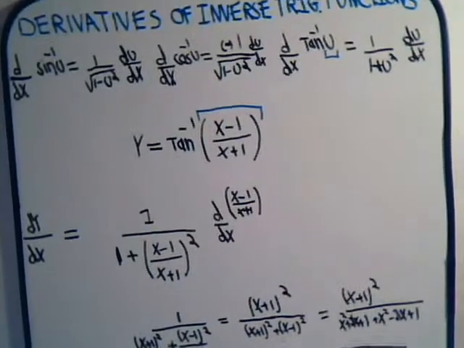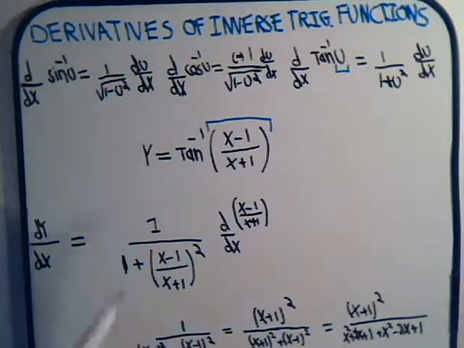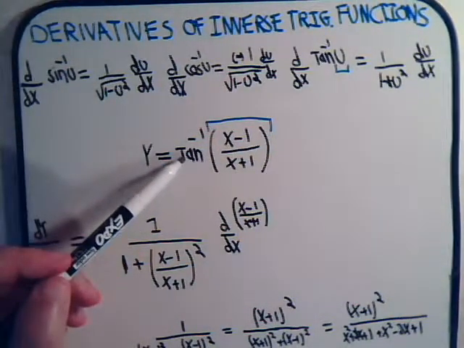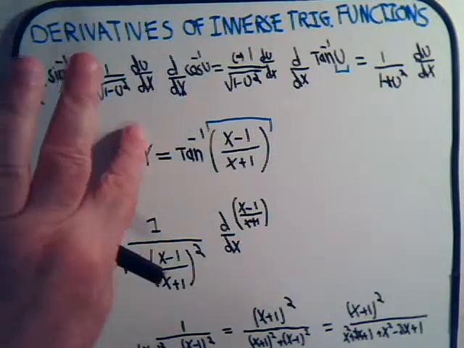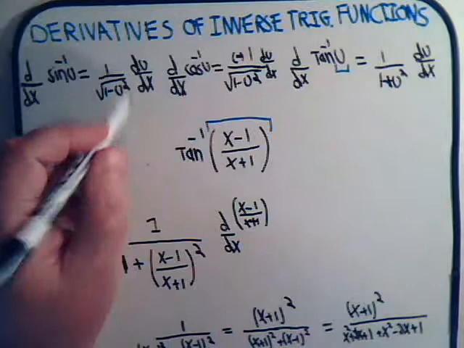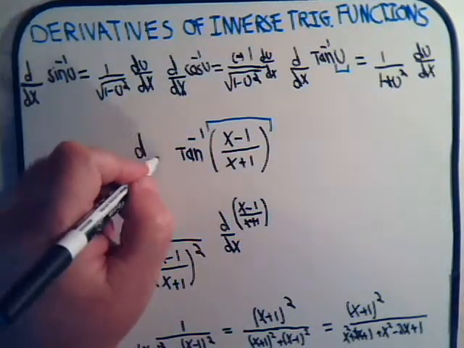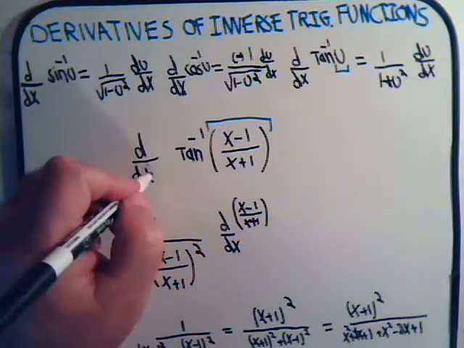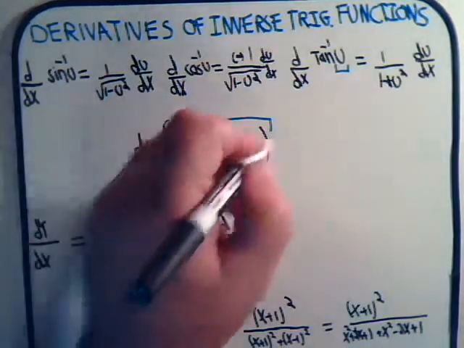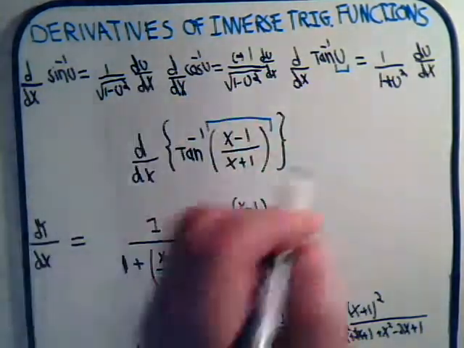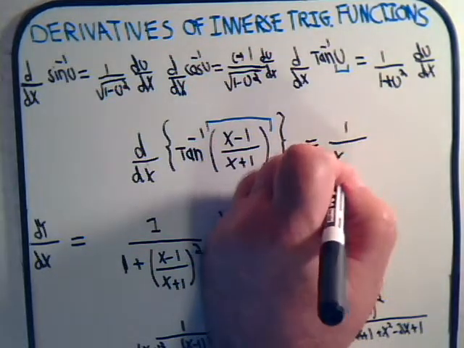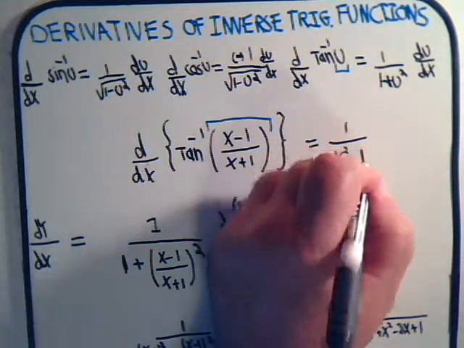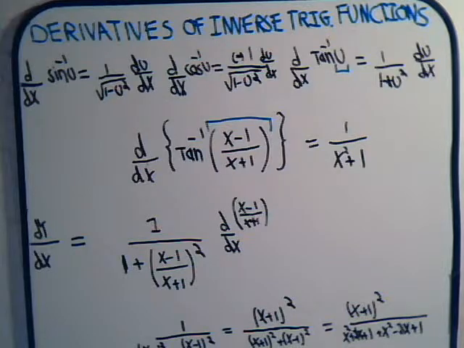So if we have the inverse tangent of x minus 1 over x plus 1, then the derivative with respect to x of this equals 1 over x squared plus 1. And that is it.